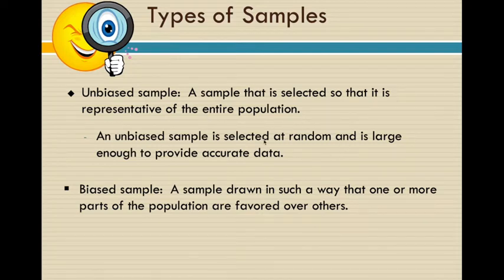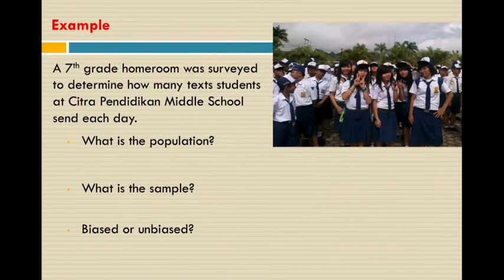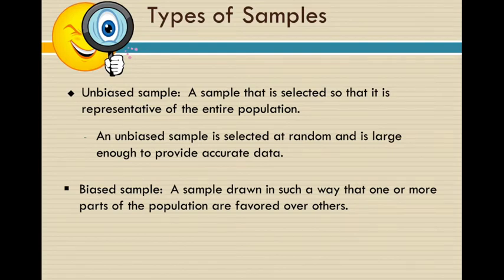And the key is random. It is selected randomly. And the number is large enough to provide accurate data. Okay? Whereas bias is drawn in such a way that one or more part of the population are favored. So that's actually the difference between the two. And it is very important to consider this in your IA. Okay?